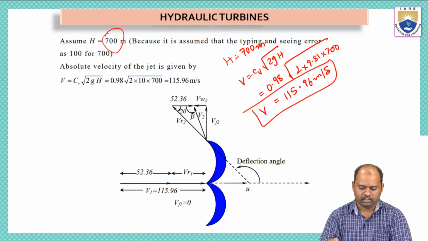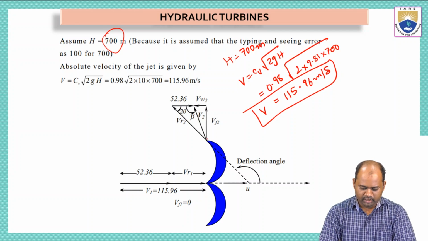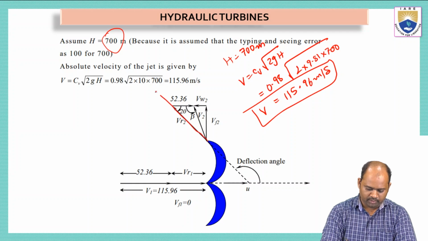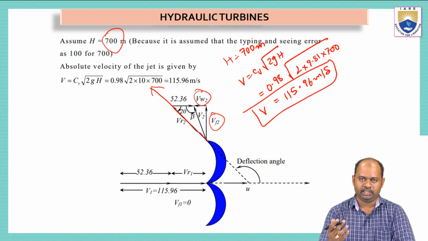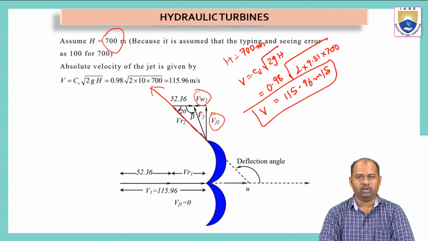So see here, this is the vane and we have water that is coming out in this direction. This is taken as VR2, and then we have constructed a velocity triangle where the vertical side shows the flow velocity and the horizontal side, that means the adjacent side, shows the whirl velocity, and the center component shows the actual velocity of the water that is coming out of the jet.